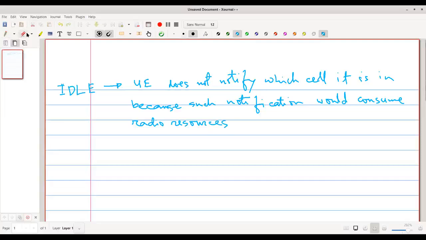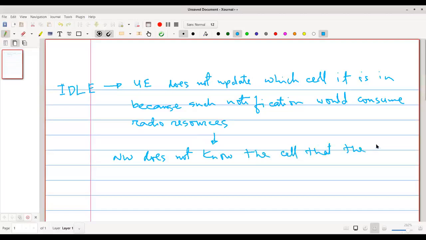Maybe instead of notify, I write down update. It may be changing its cell, but it doesn't update. So the network does not know the cell that the UE belongs to.